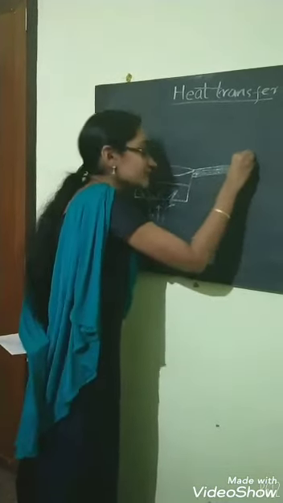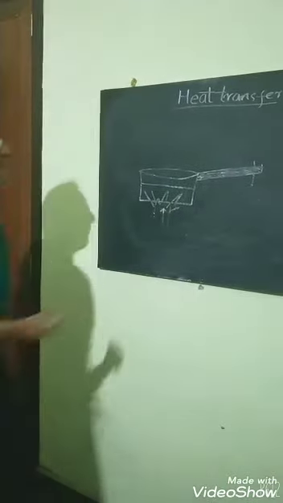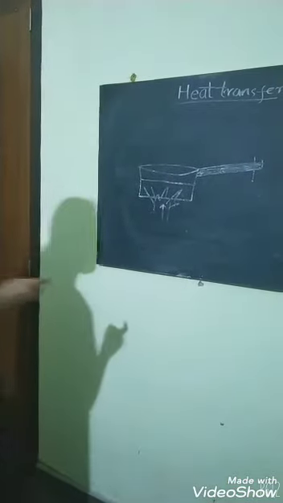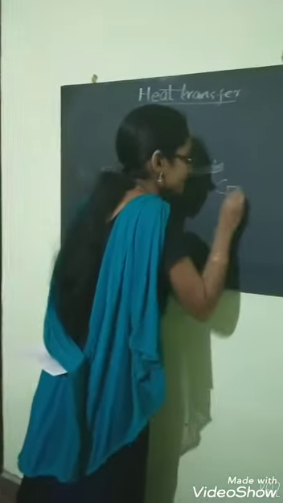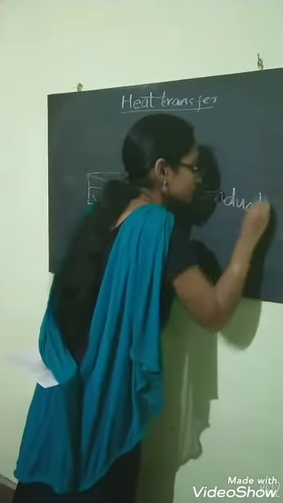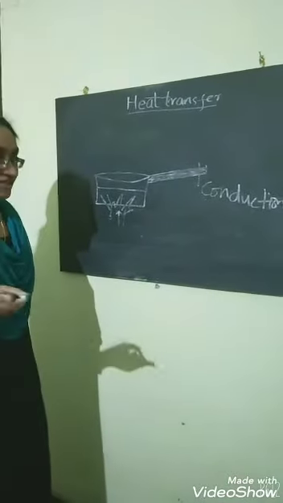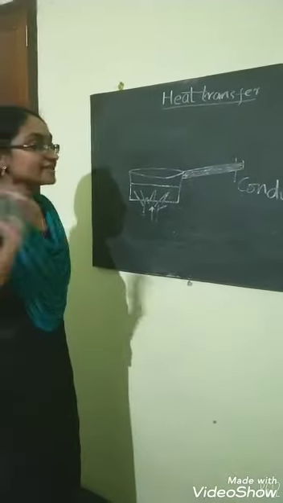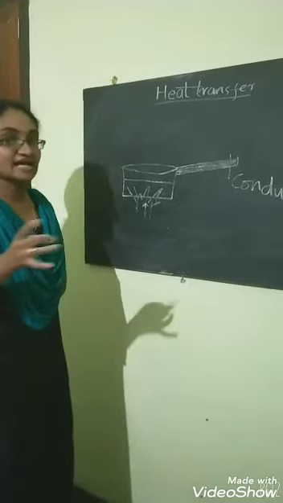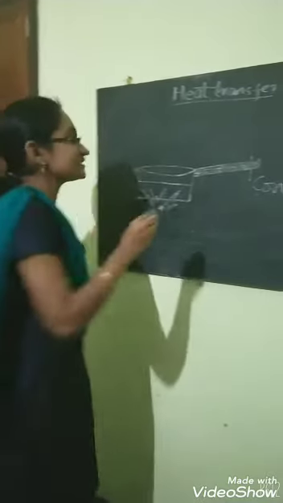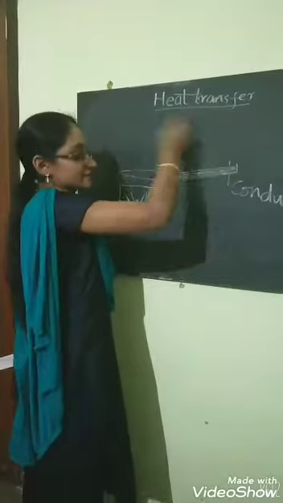Here you feel the heat, and here conduction takes place. We already learned what conduction is, and we already explained what a conductor and an insulator are. This is the first type of heat transfer.